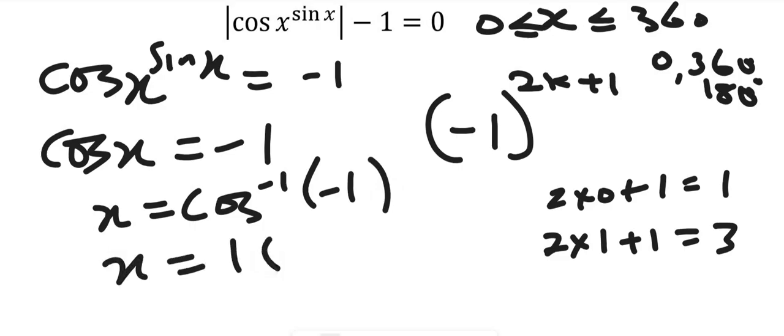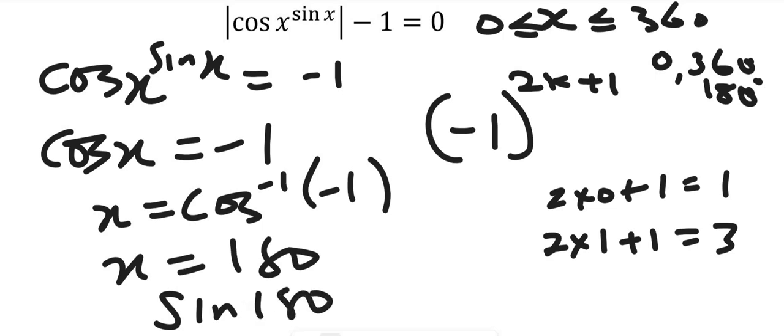X is 180. So I need to substitute this into the power to see if I'm going to get an odd number. Sine 180 is equal to 0. So this does not have a solution.